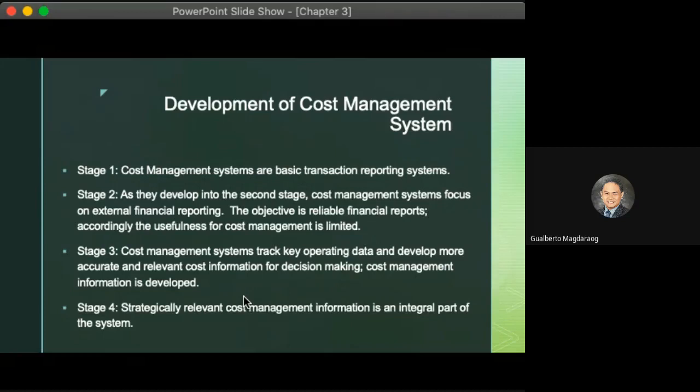So, hindi pa masyadong binibigyan ng attention yung mga financial data na nandoon sa financial report natin. Medyo hindi pa nila yun. Ang intindi pa lang nila doon sa mga financial data na yun is just the result of the operation and for compliance purposes.